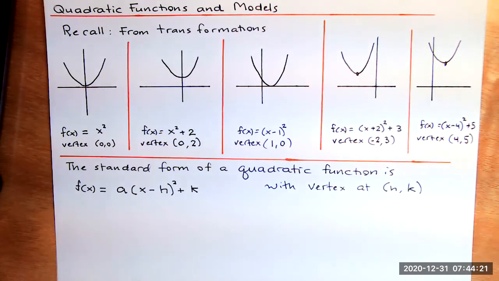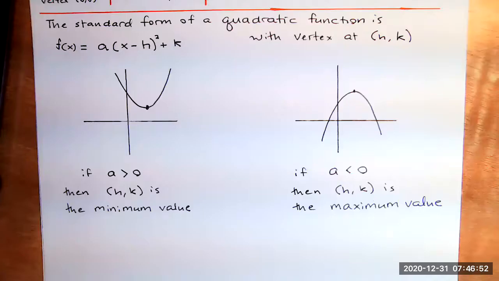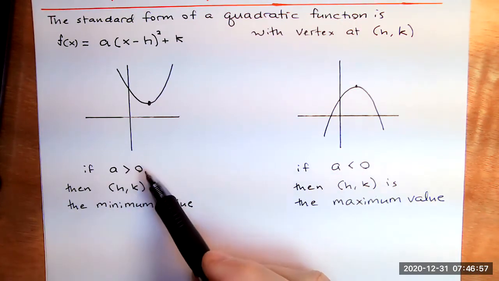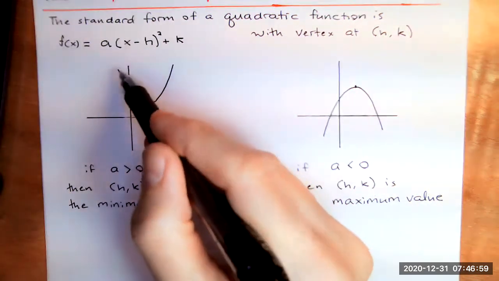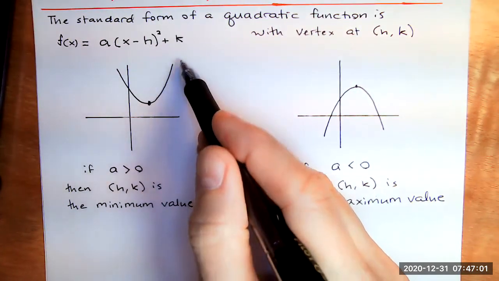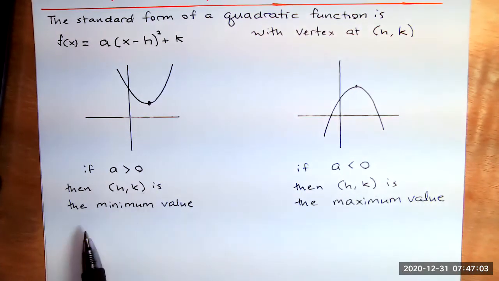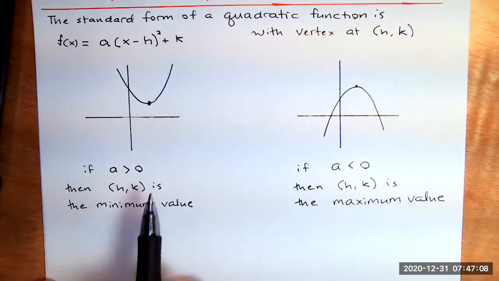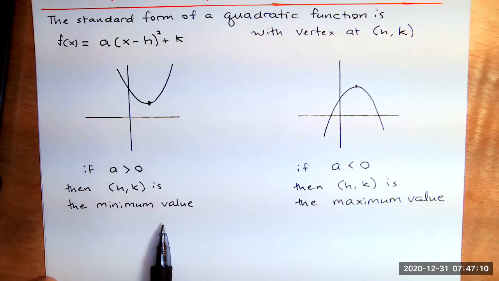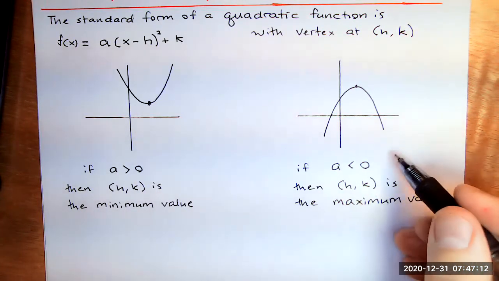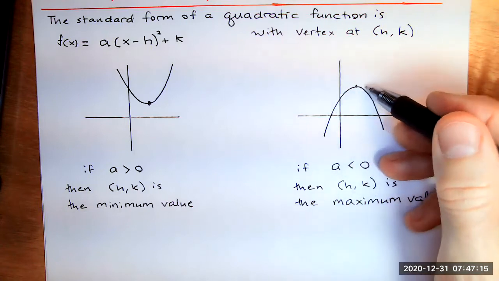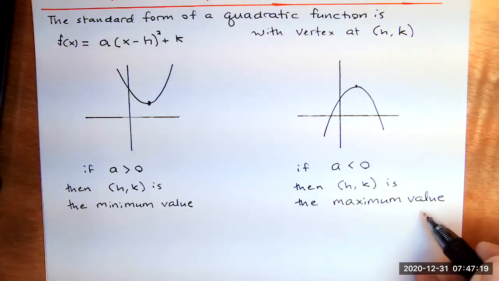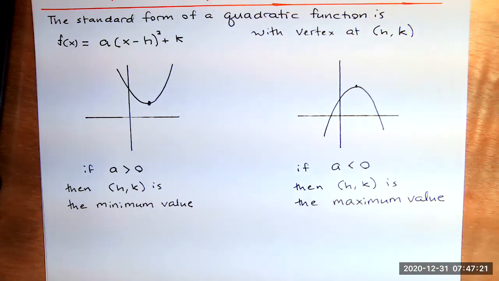Let me draw a picture. All right, if that coefficient is positive, then your graph looks like this, and the vertex is a minimum, the lowest value of the function. And if a is negative, your graph is pointing in this direction, and h, k is the maximum value of the function.